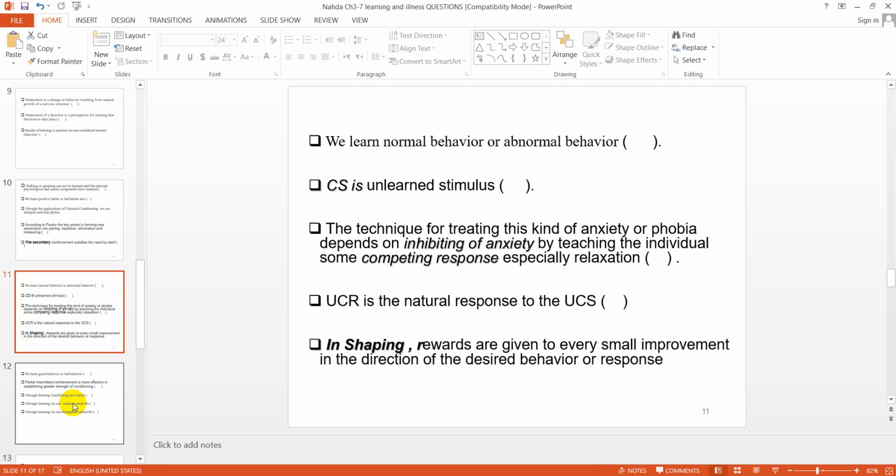Conditioned stimulus or CS is unlearned stimulus.